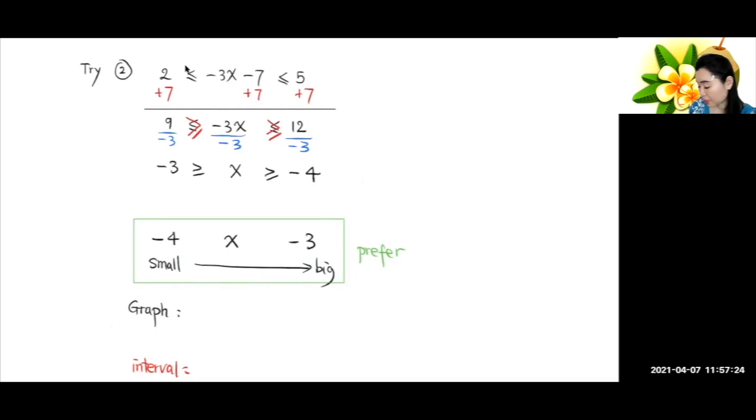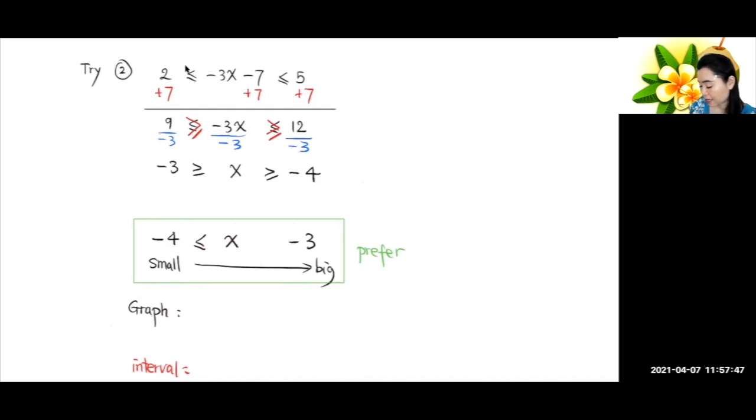As long as you keep the tip of this inequality sign pointing to the same quantity, it will be equivalent. So x is greater than or equal to -4 is the same as -4 less than or equal to x. You see, the mouth opens to x. So these two are equivalent.